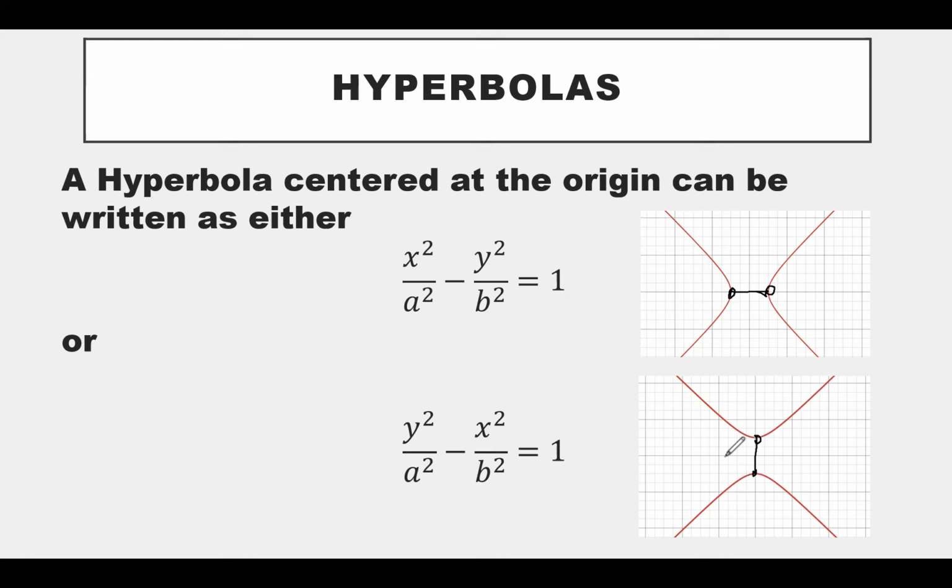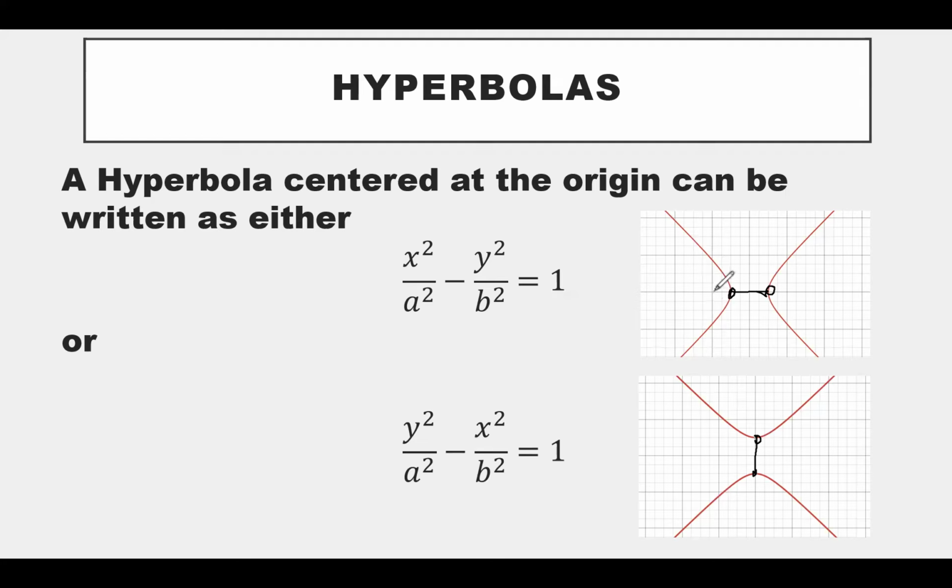And the conjugate axis is going to be the opposite, but it's not going to touch the hyperbola. So transverse axis transverses from one vertex to the other. Notice that when the x is the positive part, the transverse axis is moving in the x direction. When the y is the positive part, the transverse axis is moving in the y direction.